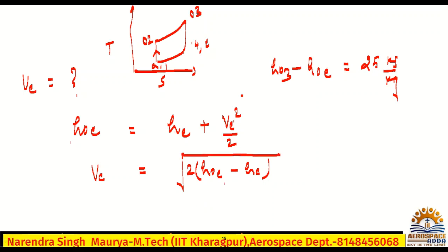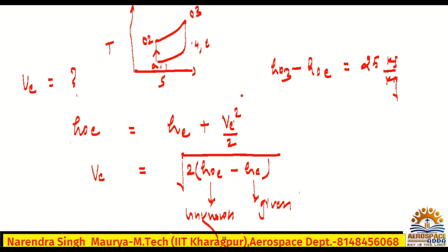So now this is given and this is unknown. So this unknown value I have to calculate first. Anyhow, for this what I will do, I will go to this relation, that loss they have given. This is the loss, total loss.